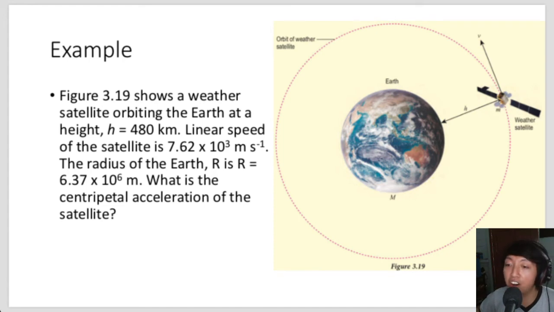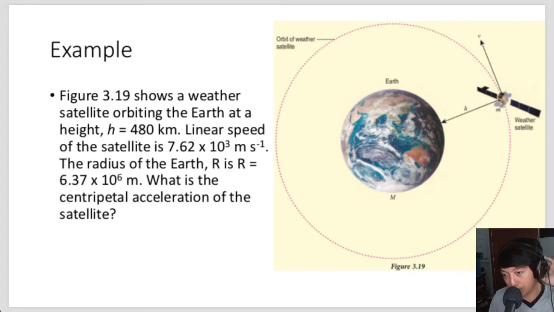The radius of the Earth, r, equals 6.37 times 10 to the power of 6 meters. By the way, you should also memorize the radius of the Earth, because the radius of the Earth doesn't change. So try to memorize that, 6.37 times 10 to the power of 6. The question is, what is the centripetal acceleration of the satellite? So the acceleration towards the Earth.